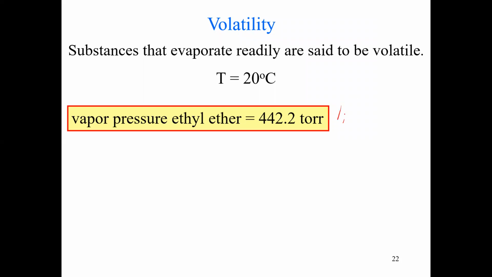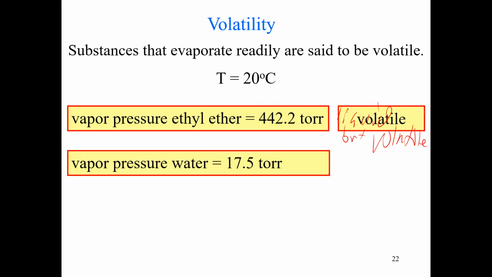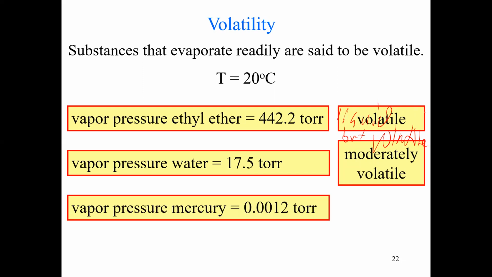So essentially, this is a liquid, but it's volatile. It evaporates really easily. Okay. The vapor pressure of water is 17.5 torr, so it's moderately volatile. And then with mercury, it's very, very small, and essentially it would be non-volatile.